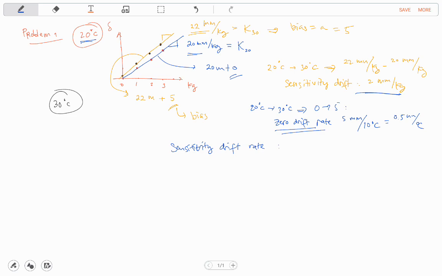The sensitivity drift is 2 millimeter per kilogram, but this happens over 10 degrees Celsius, from 20 degrees to 30 degrees. So the sensitivity drift rate will be equal to 0.2 millimeter per kilogram per degree Celsius. Okay, so that will be the solution for problem 1.